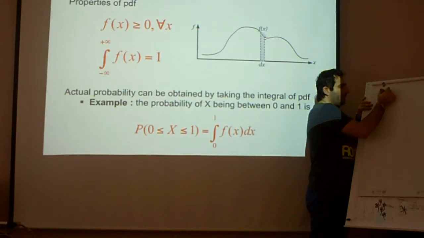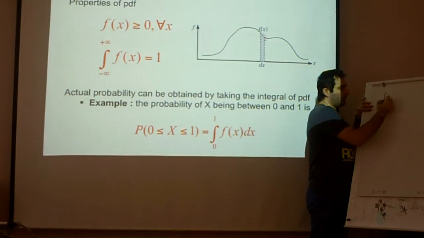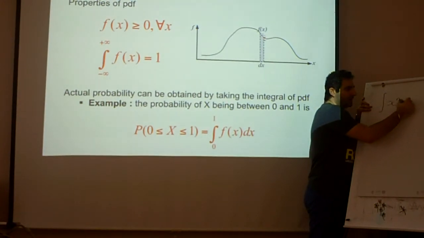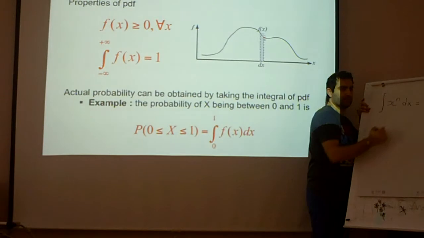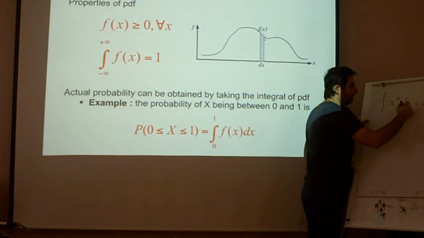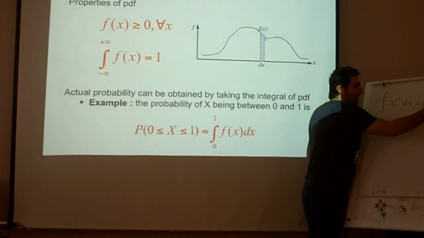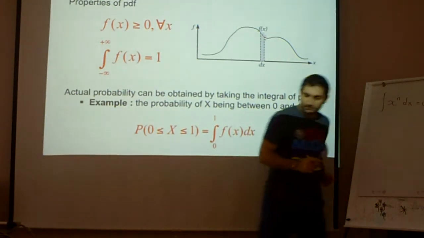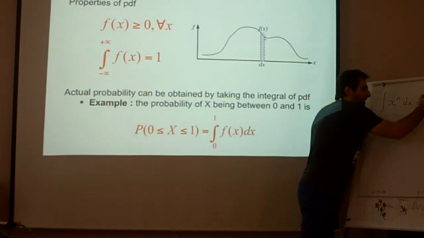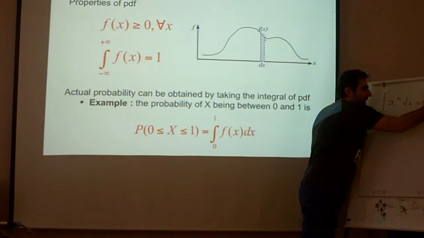The integral of x to the power n dx is 1 over n plus 1, x to the power n plus 1, plus a constant c.